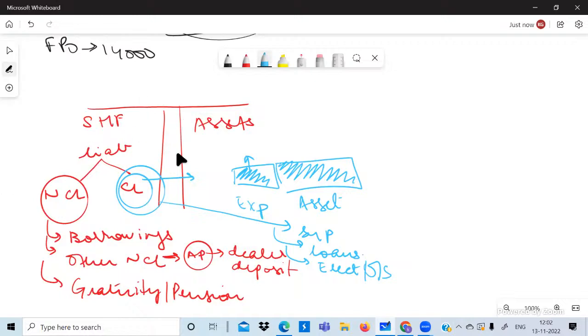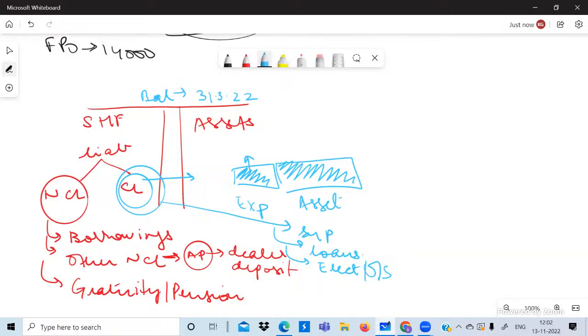So any doubt with the balance sheet? So this is your balance sheet. And the balance sheet talks about the asset position, the liability position, and the shareholders' position. And a balance sheet is made as on a particular date. So let's say it's made for 31st March 22. So I'll say, okay, as on 31st March 22, these are my assets, these are my liabilities, and these are my shareholders' funds.